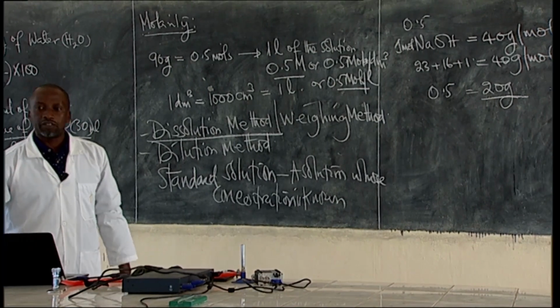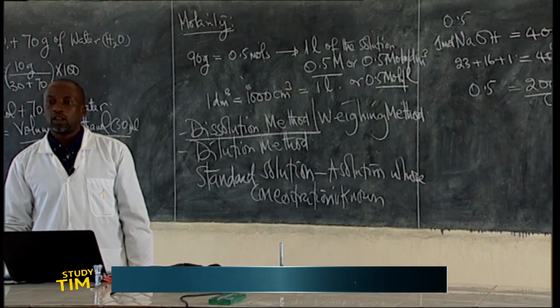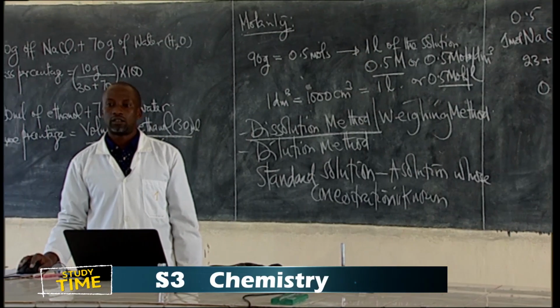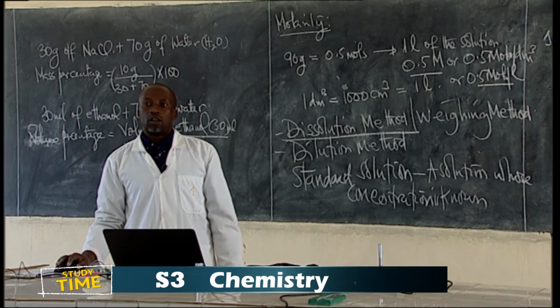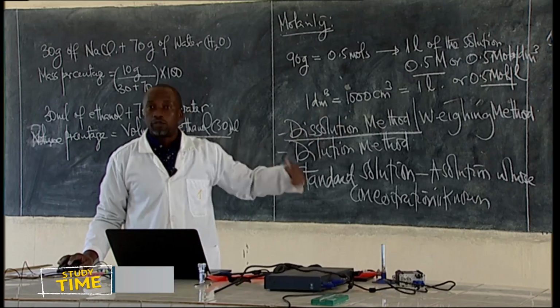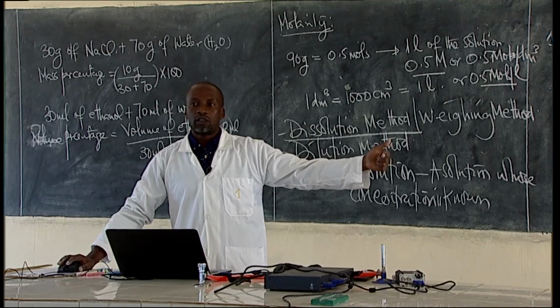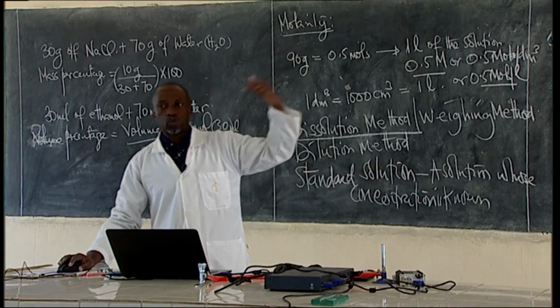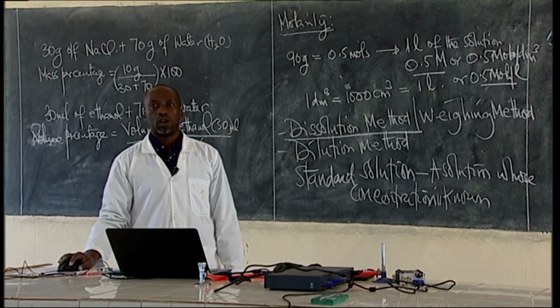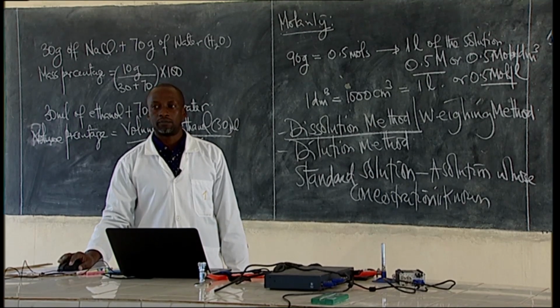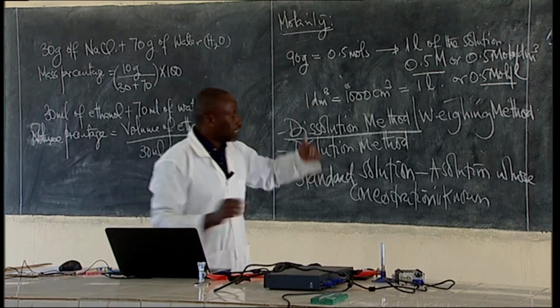And then after weighing that, no, before transferring, we have to dissolve it in water. After dissolving it in water, transfer it into a volumetric flask, and then fill it up to the mark.